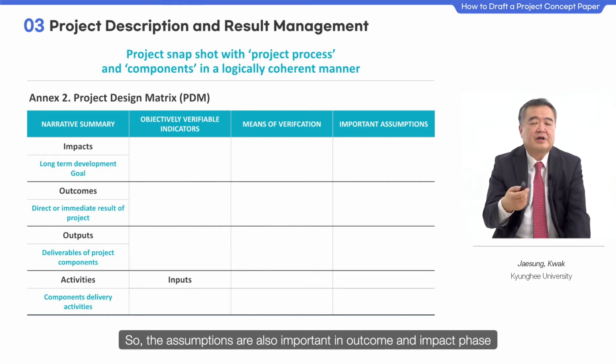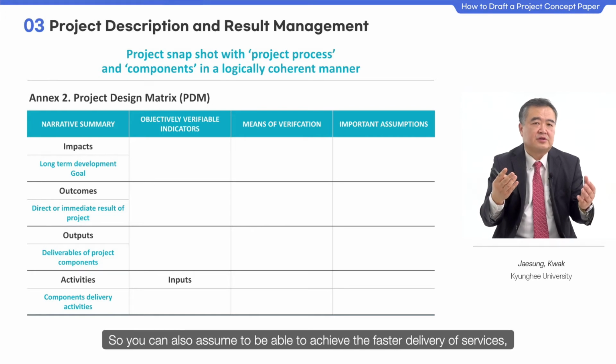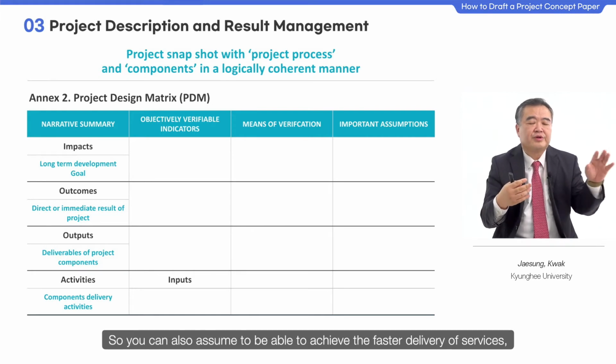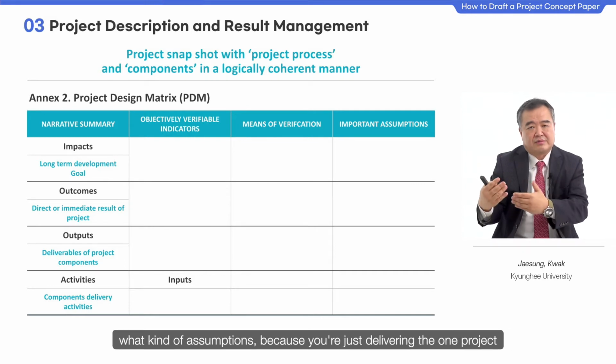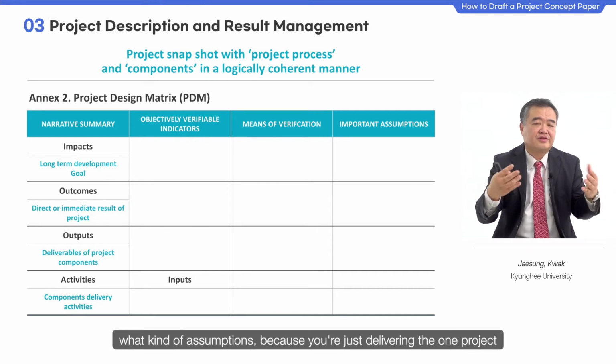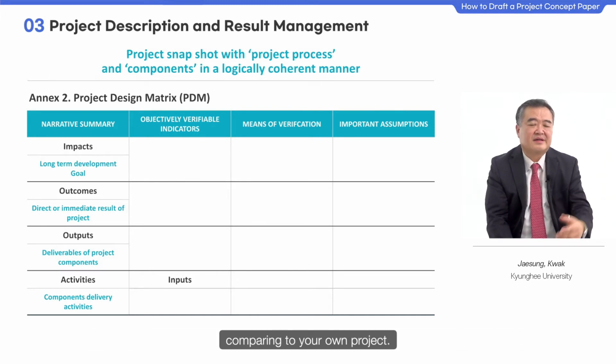The assumptions are also important in the outcome and impact phase, because those outcomes are future prospective. You can also assume to be able to achieve the faster delivery of services. What kind of assumptions? Because you are just delivering the one project in the whole city government, but some other departments may lag behind compared to your own project.